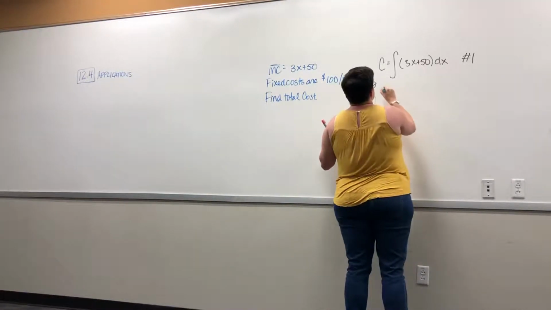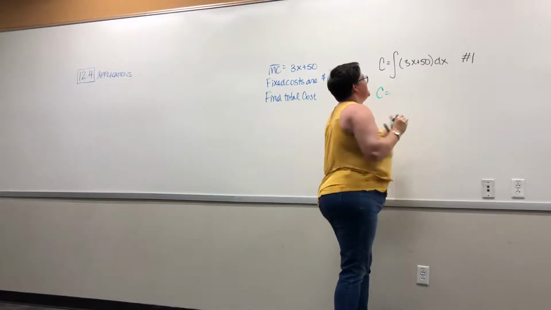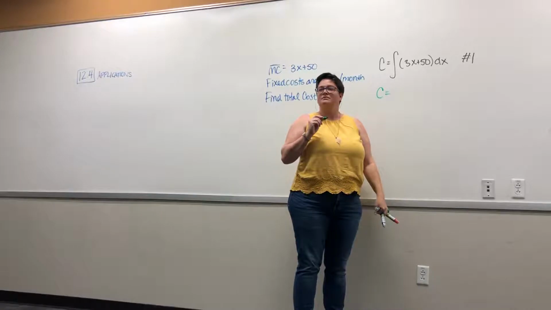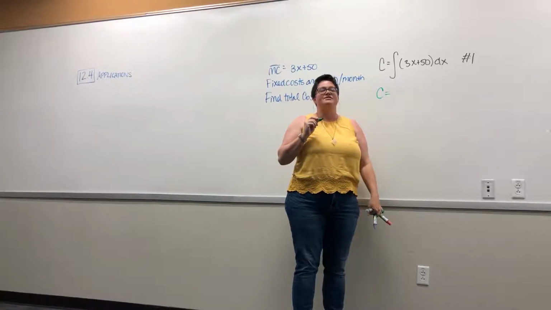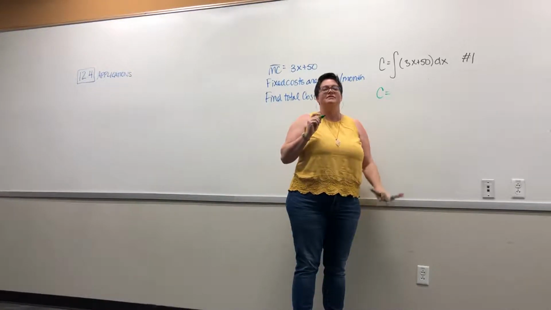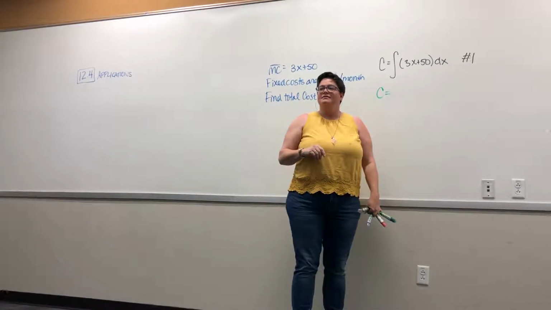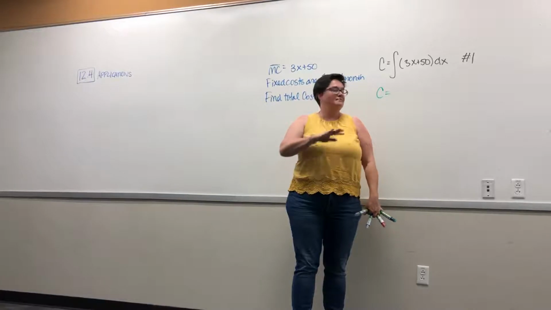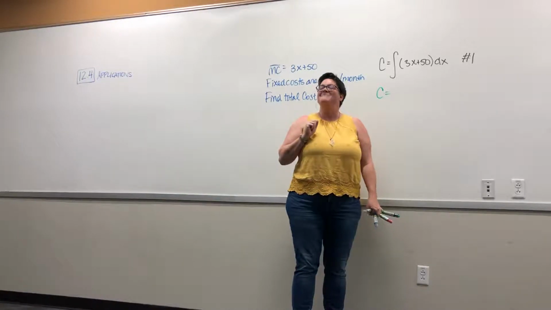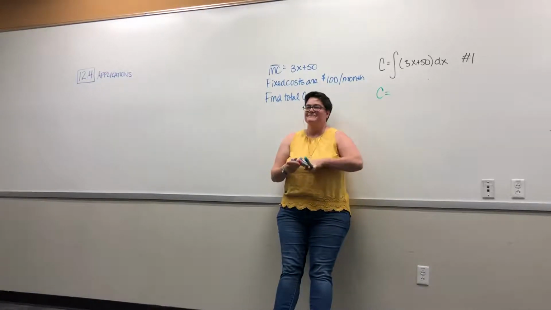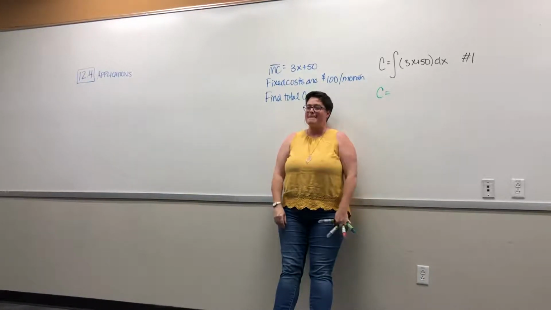Wait, it's integral number 1 because it doesn't have an exponent? There's no exponent up here, but it's not just an x though. Don't get frustrated. She's asking questions everyone's thinking. So the x to the n, that's what integral number 1 is.